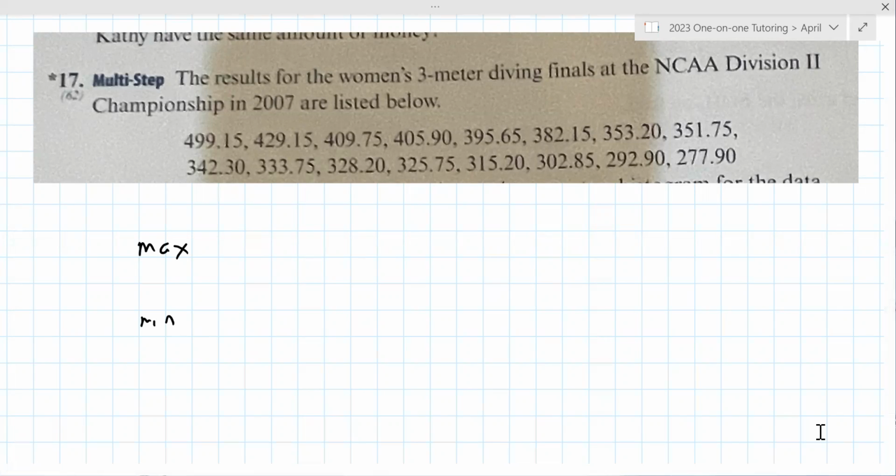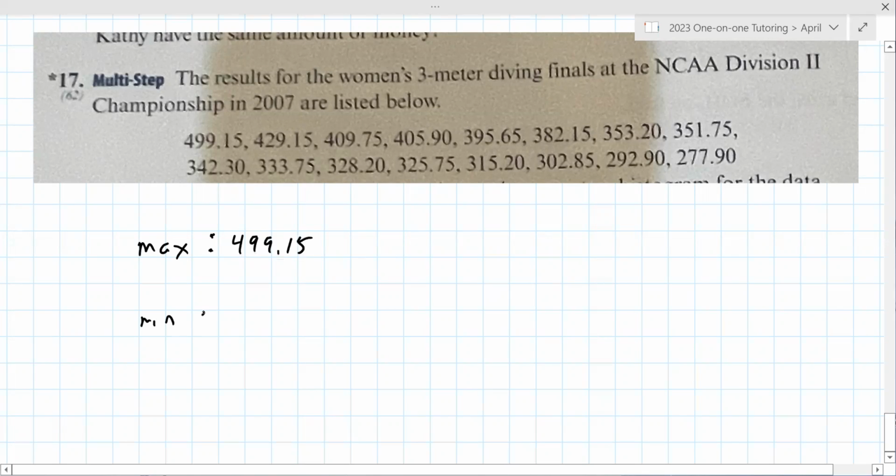The max is 499.15, and the minimum is 200. Keep going. 277.90. Good. Now, the nice thing about this one is that it was in order. Sometimes they're in order, sometimes they're not.